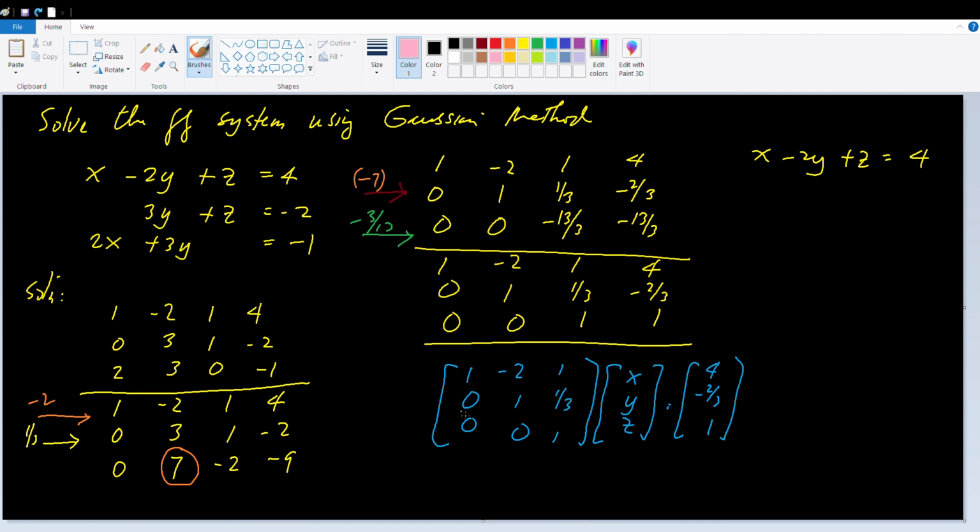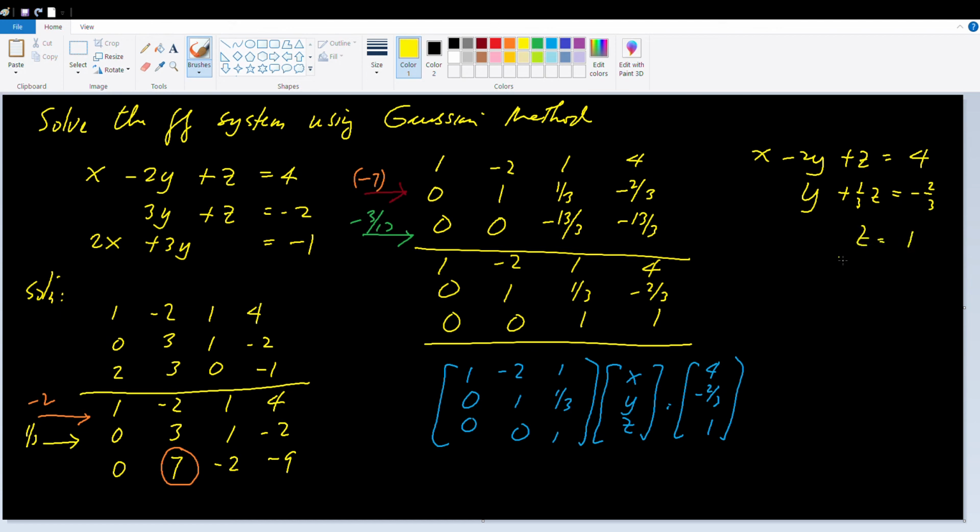What do we get? 0 times x is 0. 1 times y is y. And then 1/3 times z. So plus 1/3 z equal to -2/3. Then the third row is multiplied to x, y, z. 0x, 0y, 1 times z. So that is just z equal to 1.